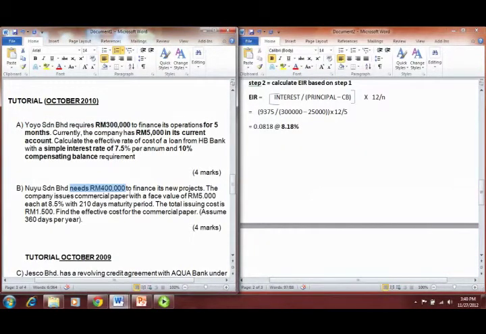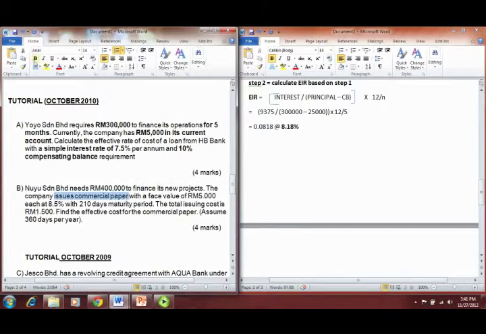Alright, Nuyu Senior Berhad needs 400,000 to finance this new project. So class, based on the information, Nuyu needs funds of 400,000. That is the amount of your principal, also known as your amount borrowed. Class, the company issues commercial paper.